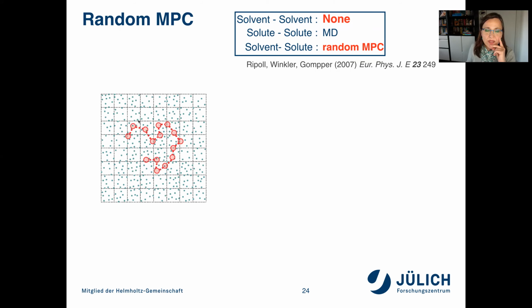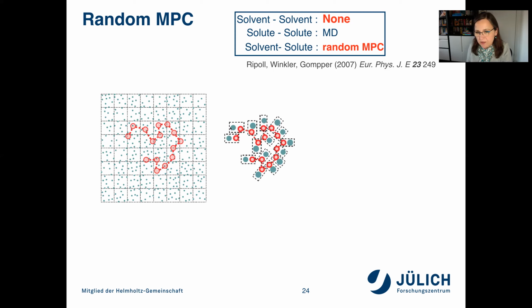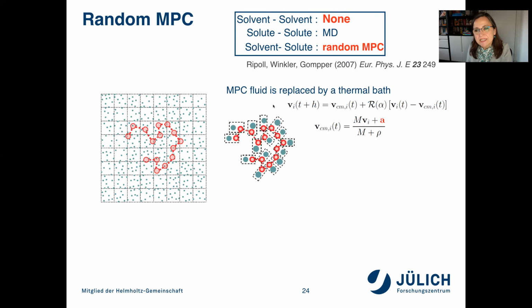It's only with the interaction in each of these collision boxes. So since we don't want to have any of the correlations brought by the collisions, we just want to have the effect of a solvent, we say instead of having all the solvent particles, we couple each particle to a bath, and we treat this bath as if it were MPC.